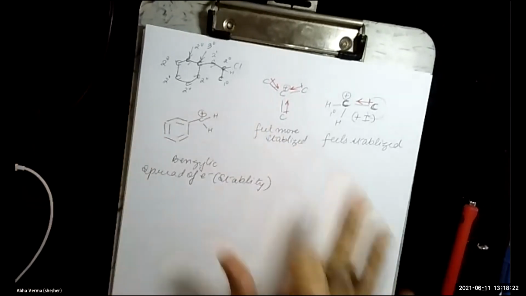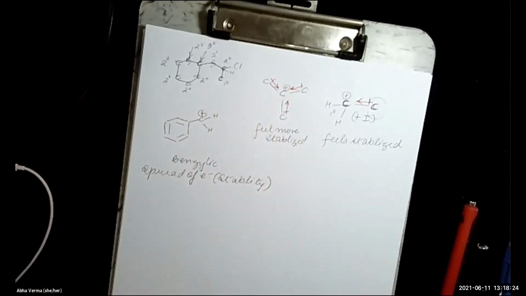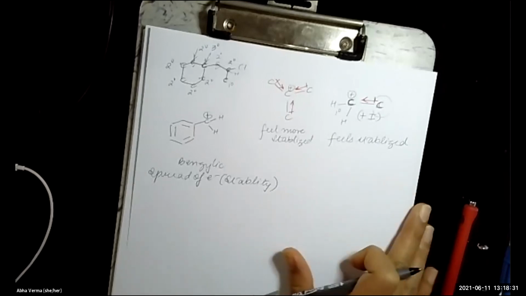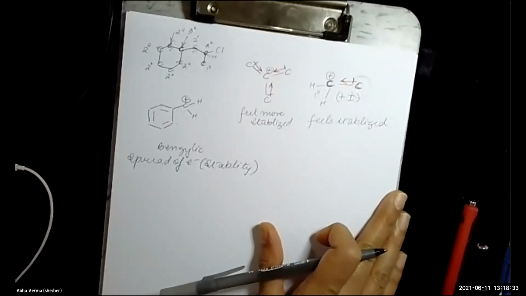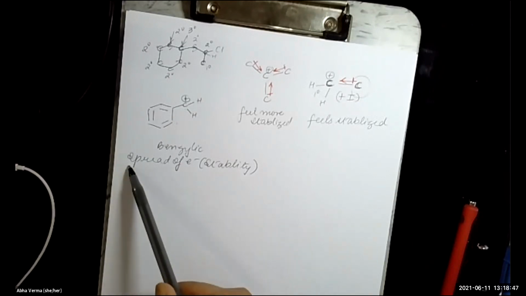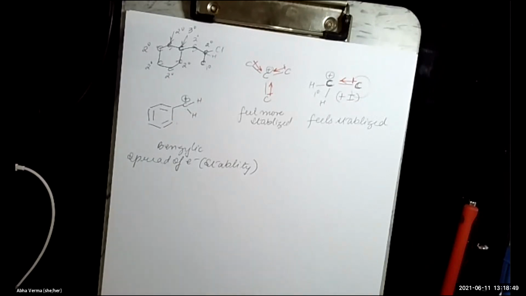The more spread of electrons that any molecule feels, the more stable it will feel. When we have a conjugate base, we always look for more spread of electrons. Electronegative atoms are spreading more. Bigger atoms are spreading even more. And resonance, induction, all of those are because of the spread of electrons.